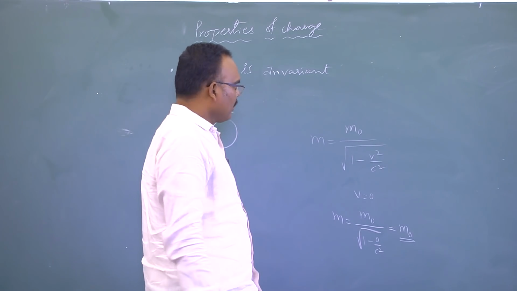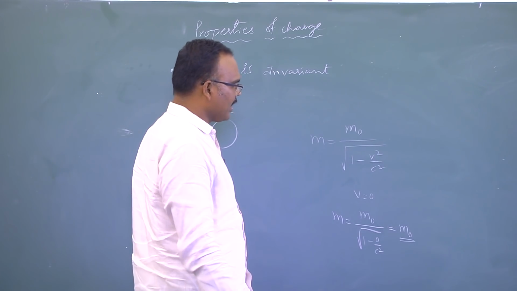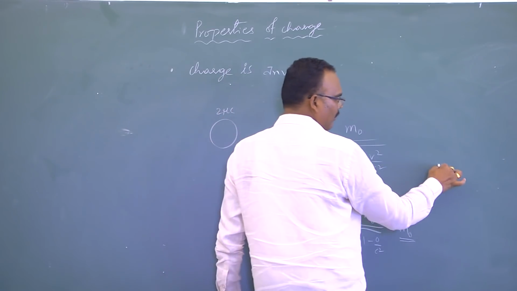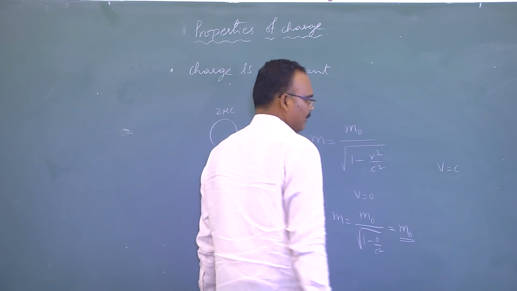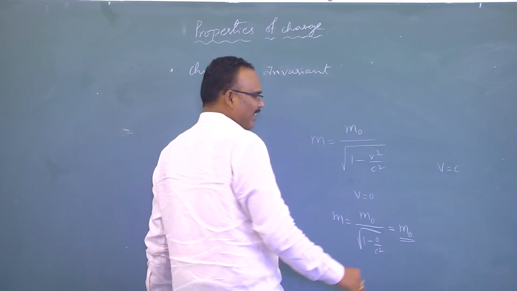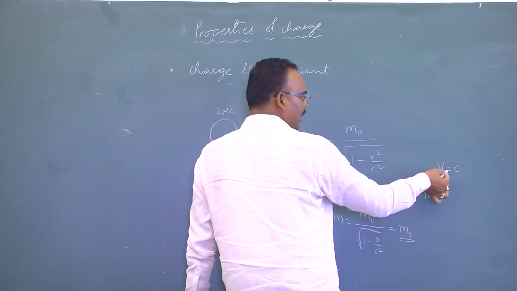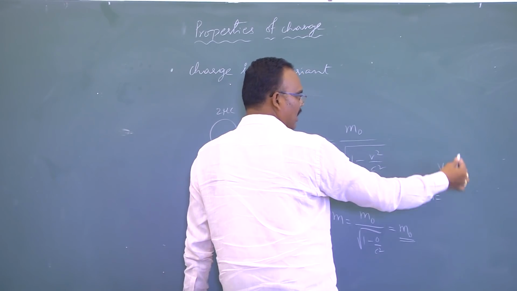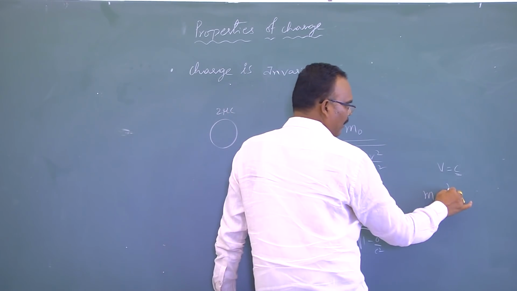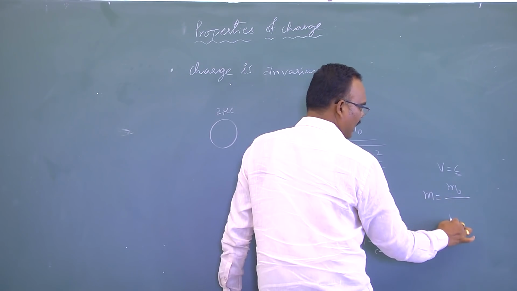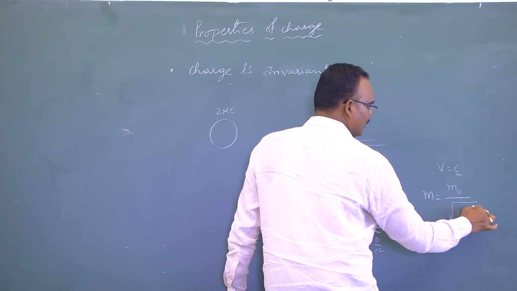Imagine the body is moving with a velocity equal to the velocity of light, v is equal to c, for example. Then the mass of that particle at that instant is m is equal to m naught divided by square root of 1 minus c square by c square.